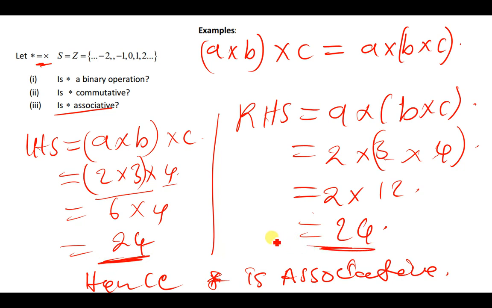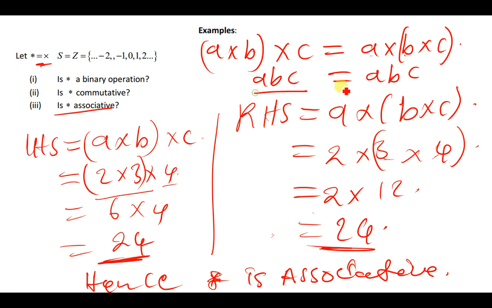So if you don't want to use numbers, we can use letters. For letters, you just make sure that the left hand side is equal to the right hand side. So when you multiply (a times b) times c, the answer will just be abc. Even on this side, a times (b times c), the answer will still just be abc.